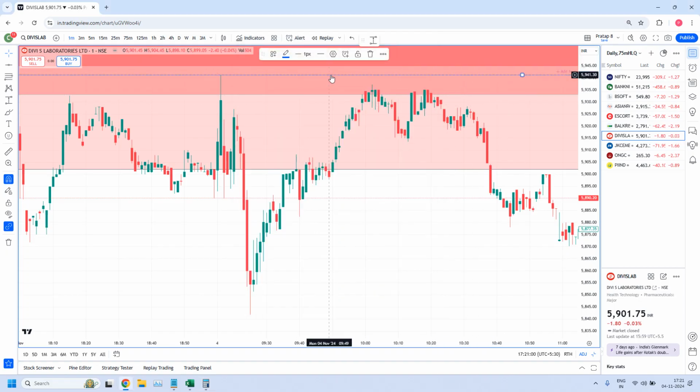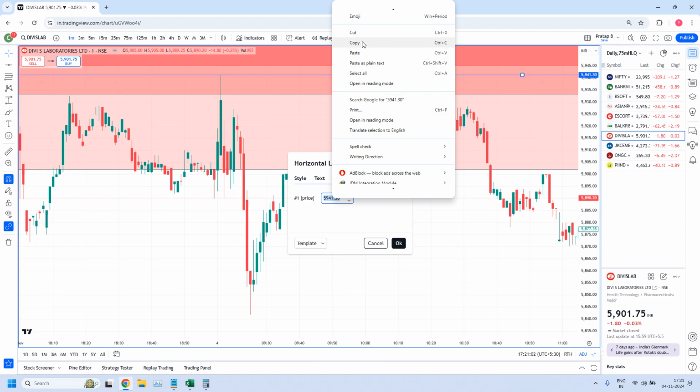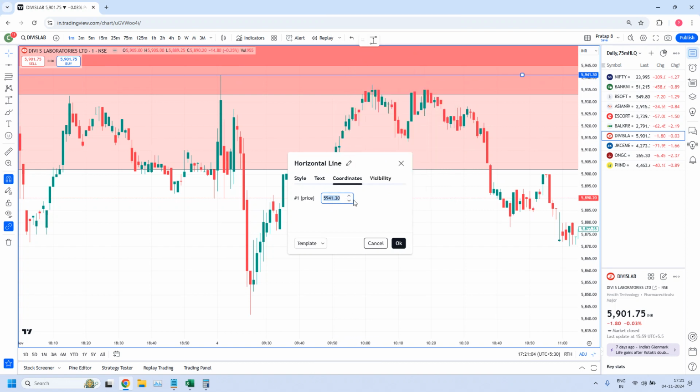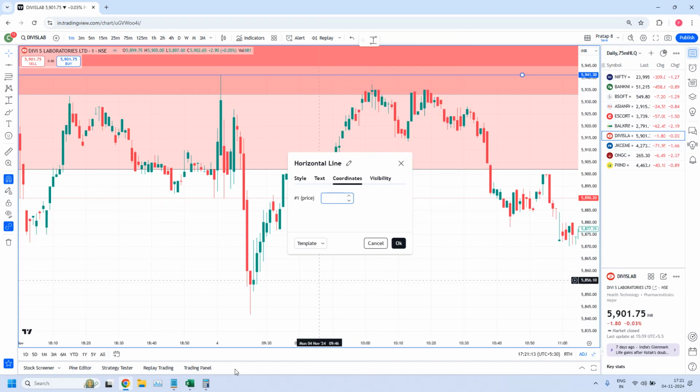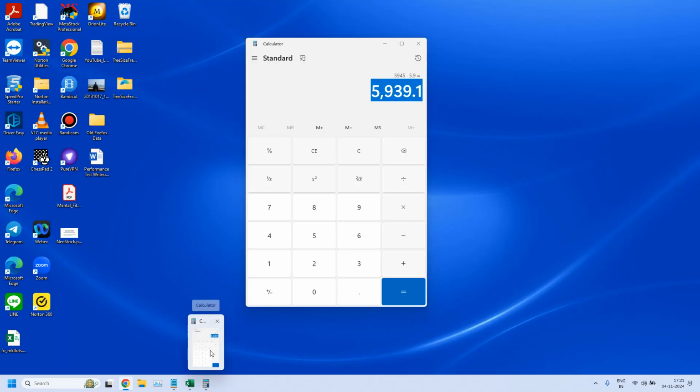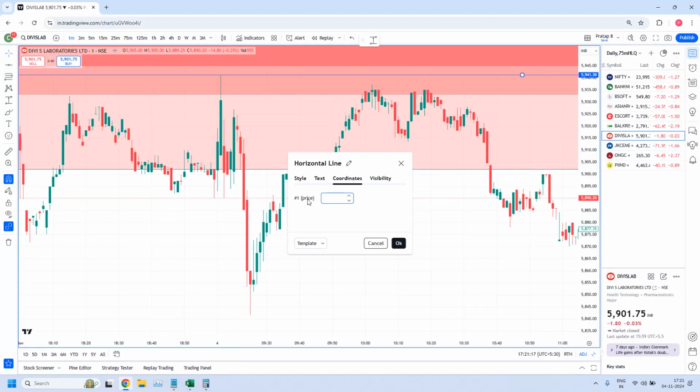Let me paste the value. Oh, it is not allowing pasting. 5939.1.